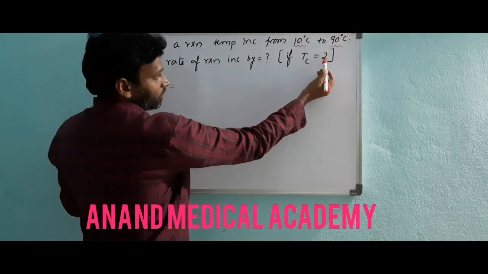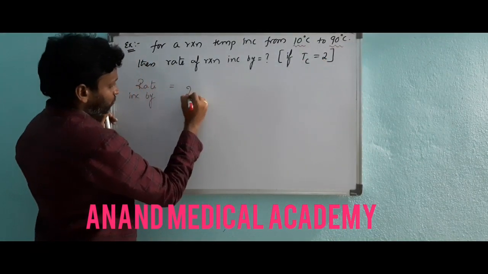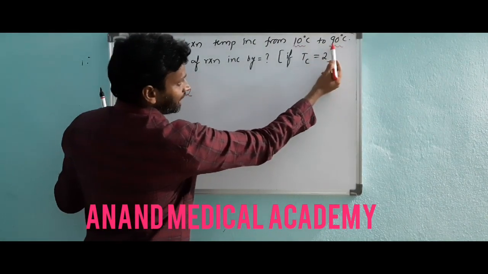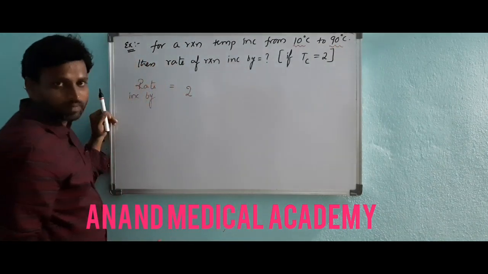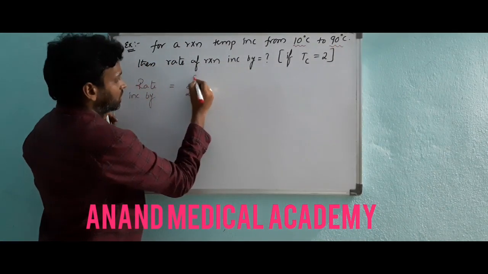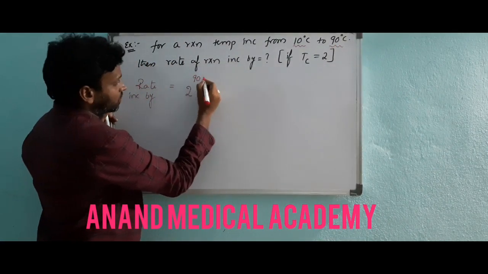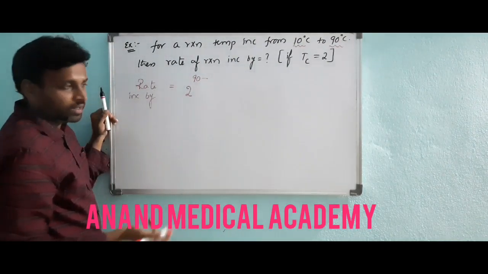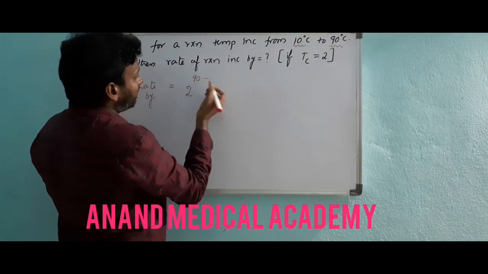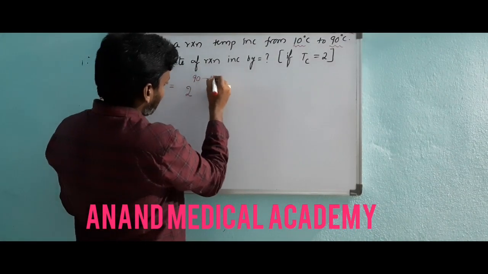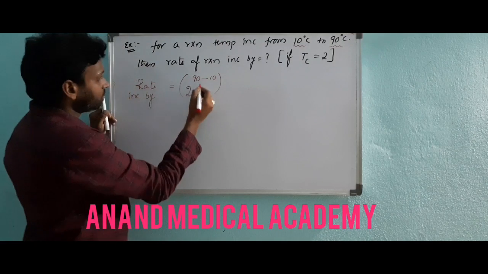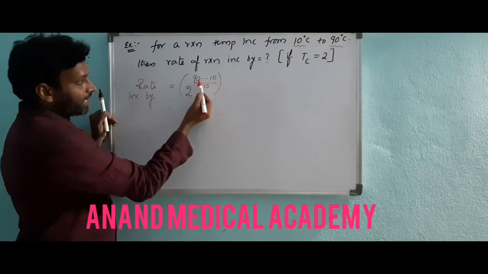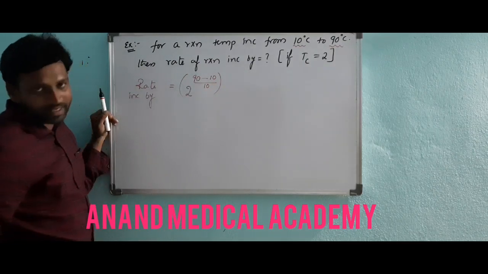The temperature coefficient given is 2. So 2 power T final minus T initial. Because it increases, it cannot be negative, so don't take 10 minus 90. So 2 power 90 minus 10, by 10. 2 power T final minus T initial by 10.